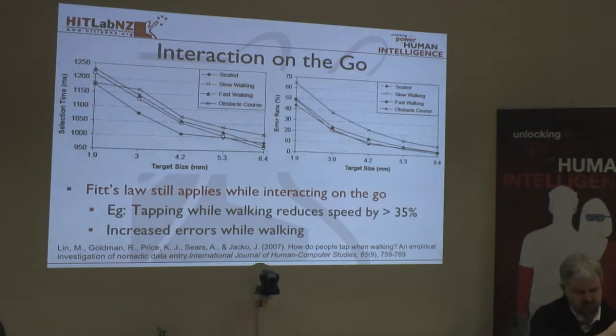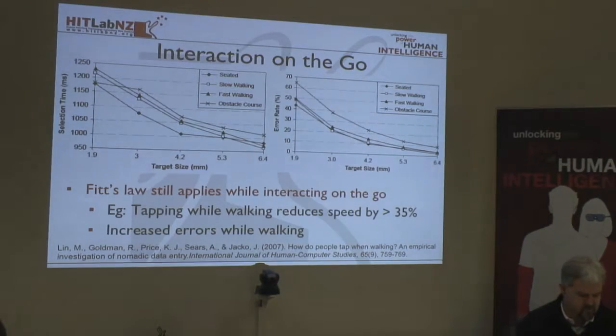Then as you make the square smaller and smaller, the time it takes to tap increases because the square is harder. So if you have a small icon on desktop, it takes more time to select than a big icon on desktop. This is what Fitts' law is. It basically says as the size of the object decreases, it takes longer to select.